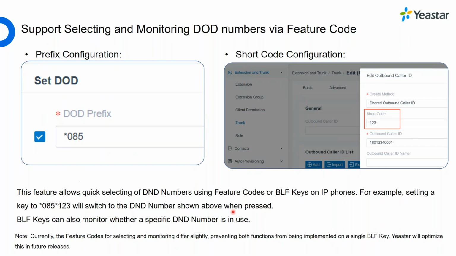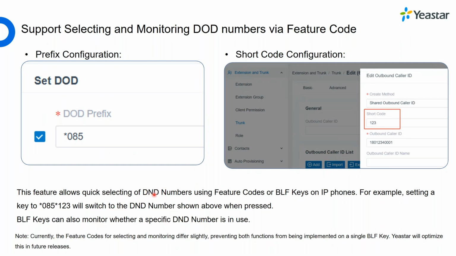Sometimes one user has different DOD numbers, and some platforms support this, and now we also support this feature. Also, the monitoring DOD number is okay. Sorry, it's not the DND number, it's the DOD number.